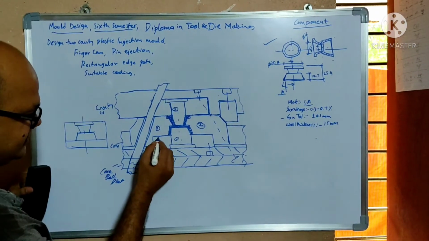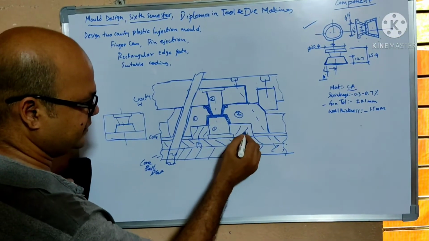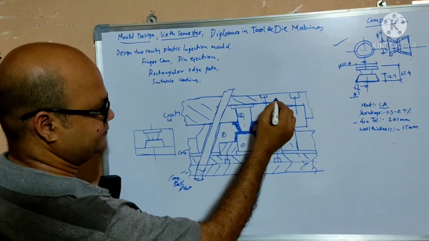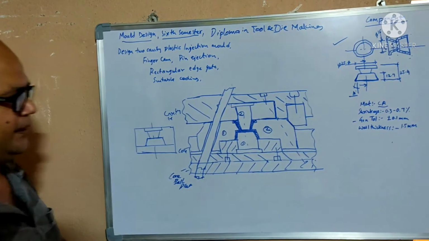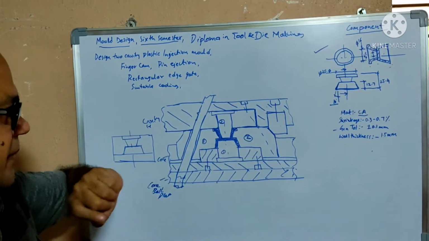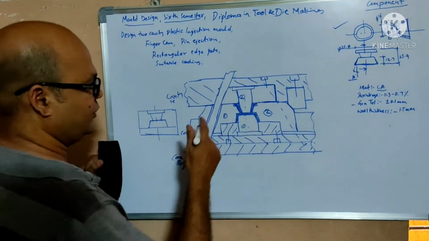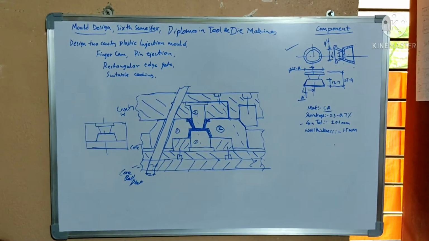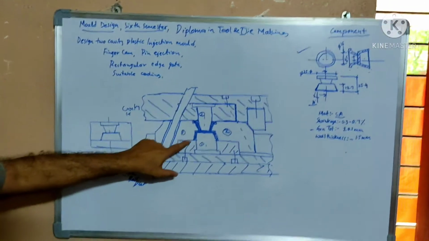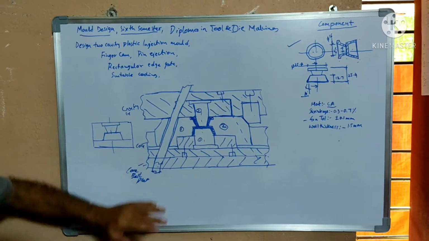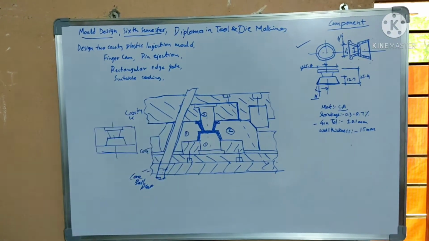And here is the core insert. Here you are seeing the wedge locked in the top plate, and the core insert, side core, and this is the side view. You are seeing the side view of the core.